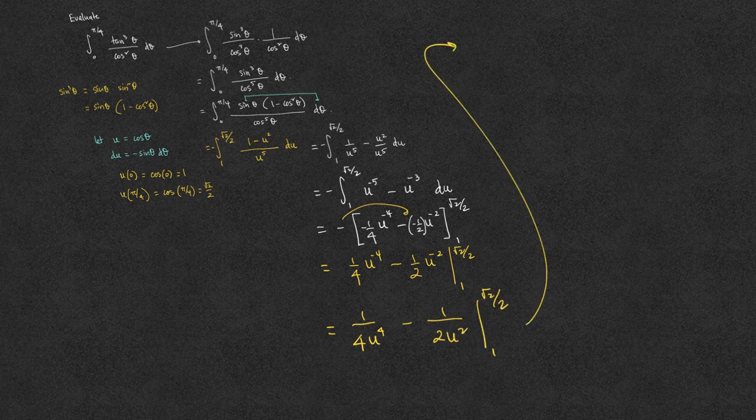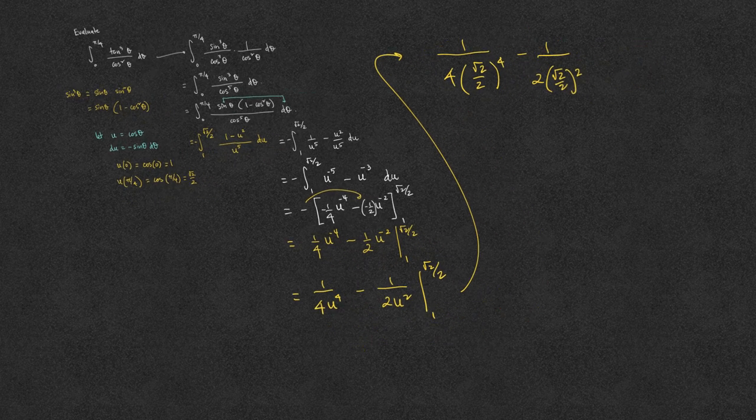We have 1 over 4 times root 2 over 2 to the 4th power minus 1 over 2 times root 2 over 2 squared. And that is only when we plug in root 2 over 2. Minus, we then plug in 1 over 4 times 1 to the 4th minus 1 over 2 times 1 squared.